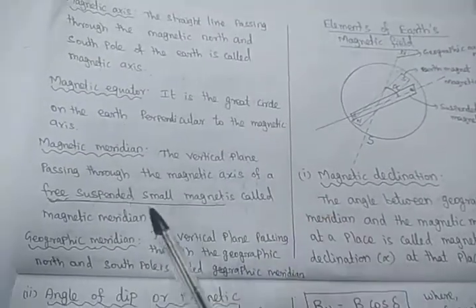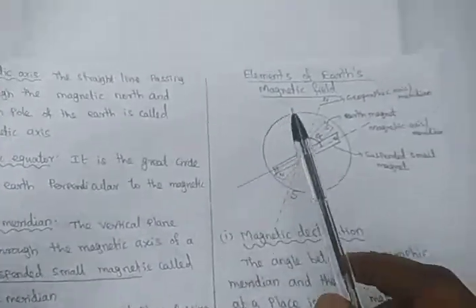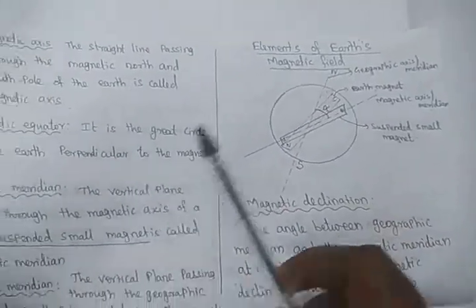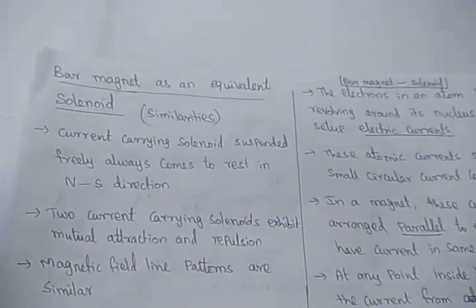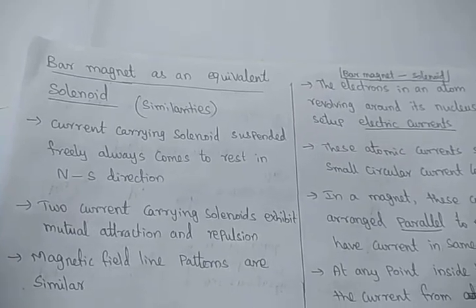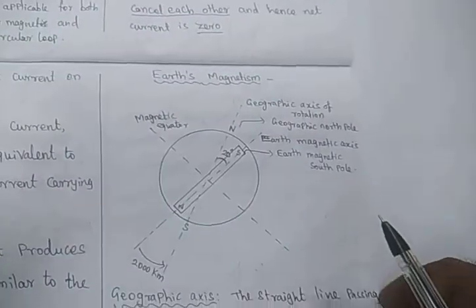By using these things, we are going to see the elements of the magnetic field in the next video. In this session, we clearly studied the bar magnet as equivalent to a solenoid, and earth magnetism.